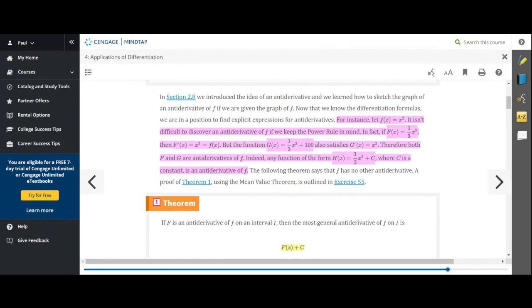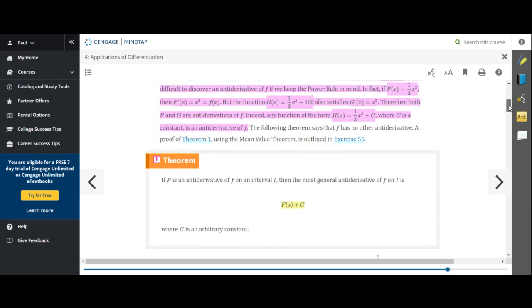But if you had a function g of x which equaled 1/3 x cubed plus 100, the derivative of that g of x function also equals x squared. So both functions, capital F and capital G, are antiderivatives of our function f. Indeed, any function of the form h of x equals 1/3 x cubed plus c, where c is a constant, would be an antiderivative of your function.